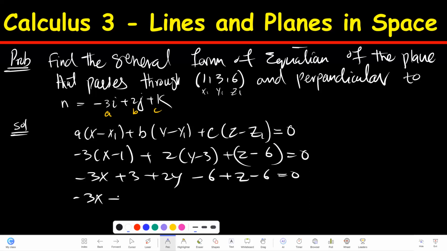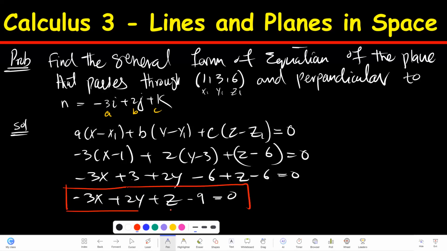Minus 3x plus 2y plus z, and then 3 minus 6 minus 6 is minus 9, equals 0. This is my equation of the plane.